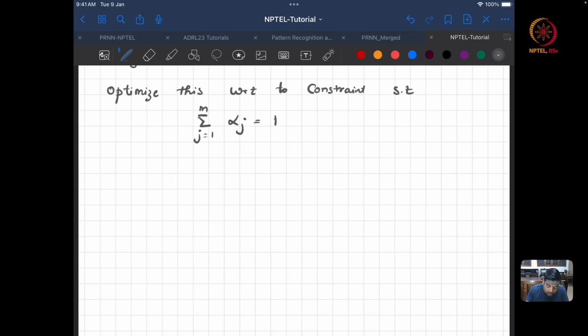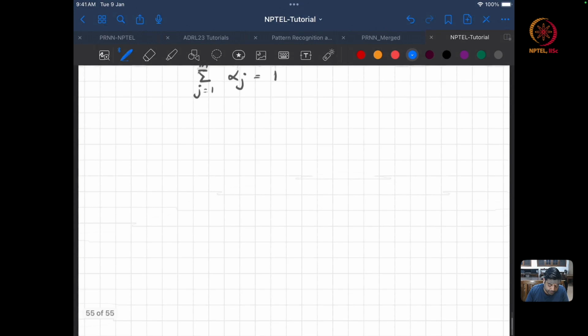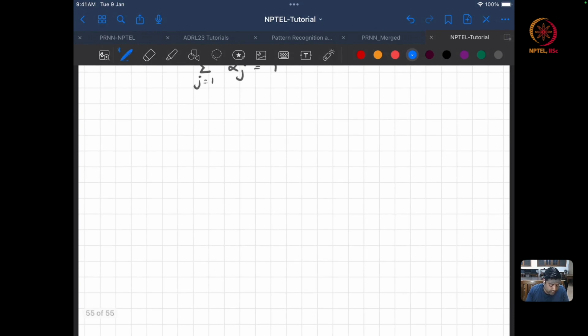Therefore the final expectation will be, I'll just call it L, don't confuse it with loss. Okay, now summation over i equals 1 to n, and then j equals 1 to m.